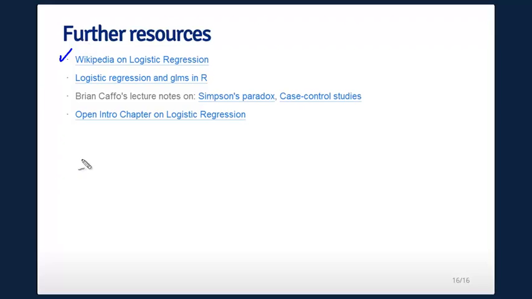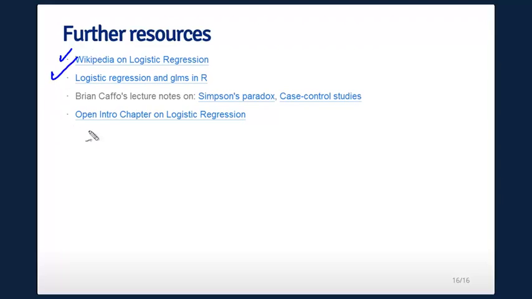I was the research assistant for a person named Alan Agresti when I was in grad school, and his book on categorical data analysis I find to be a wonderful treatment of generalized linear models as they apply to categorical data like binary data, Poisson data, multinomial data, and so on.